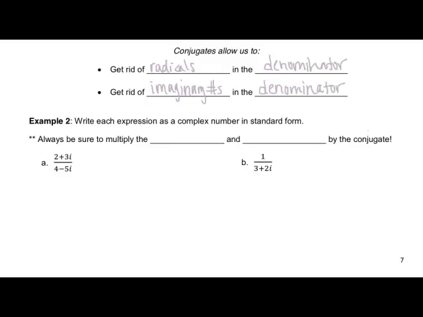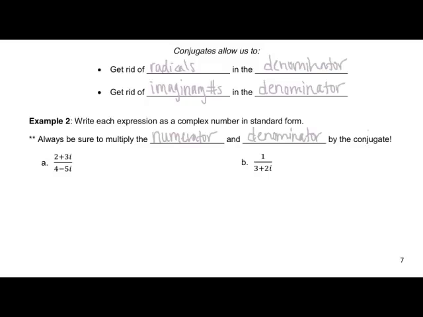So we're going to use conjugates to get rid of them. For example 2, we're going to write each expression as a complex number in standard form. Now it's important to remember that we always multiply the numerator and the denominator by the conjugate. If we multiply either the numerator or denominator by something, we have to multiply both, because that's like multiplying by 1.